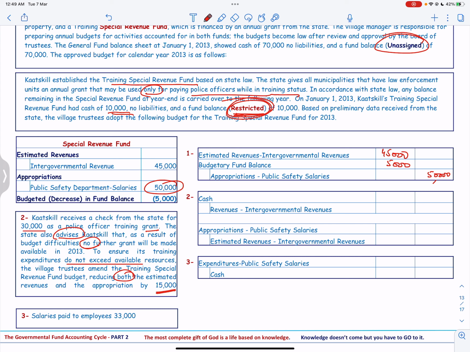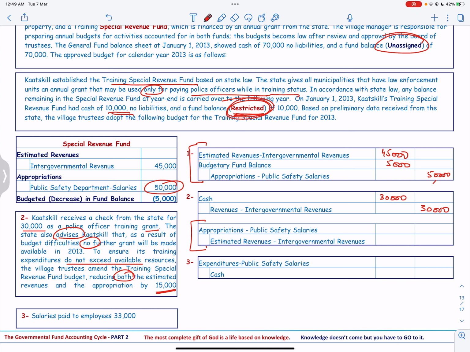So first of all, we are receiving 30,000. So cash is debit by 30,000 and revenues are credited by 30,000. That is number one. Then we have to reduce our appropriations and the estimated revenue, and to do this we simply reverse the journal entry.